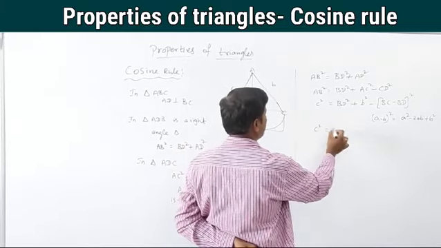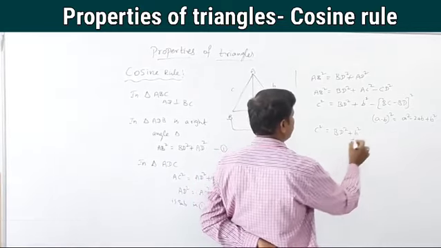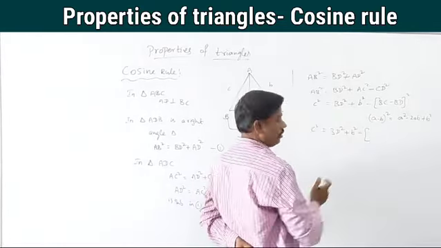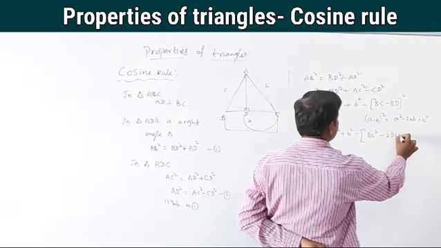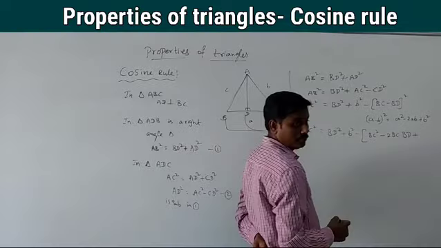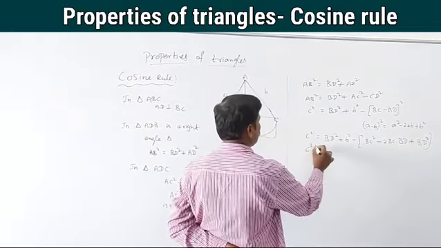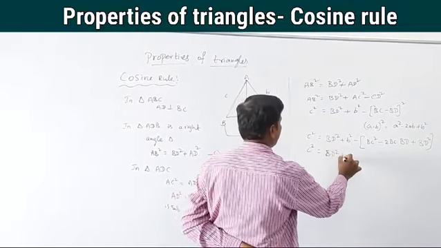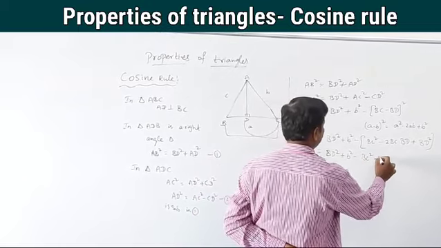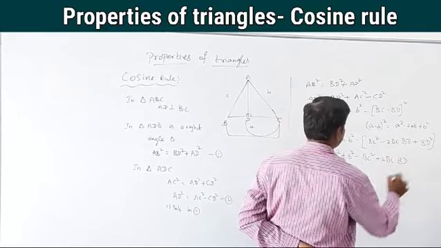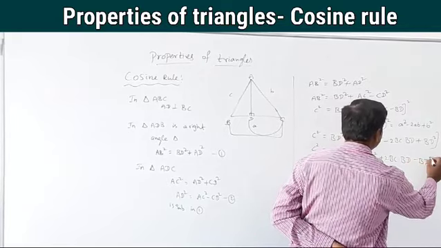Now follow the same way: BD square plus small b square, according to the formula, BC square minus 2BC into BD, plus BD square. Now substitute the value: BD square plus BC square minus BC square plus 2BC into BD, multiplied with minus BD square.